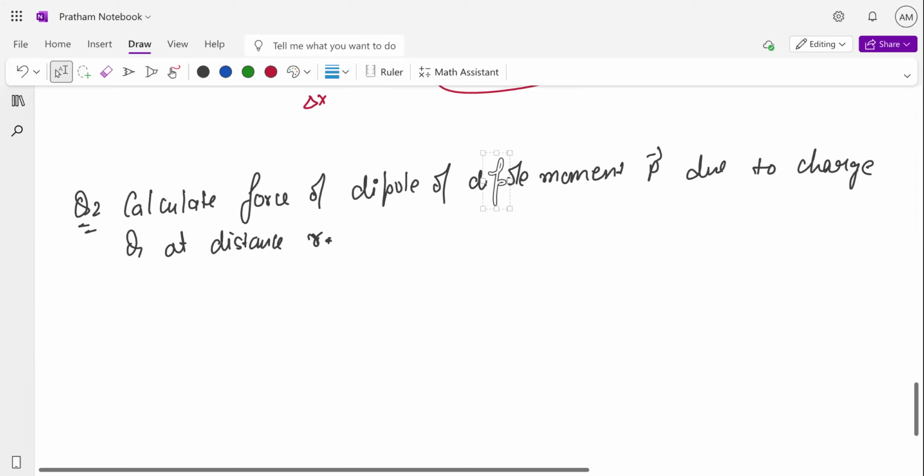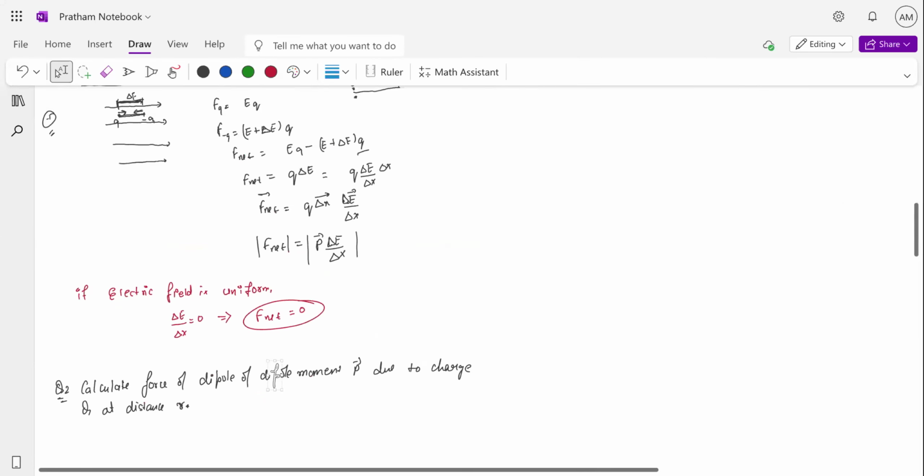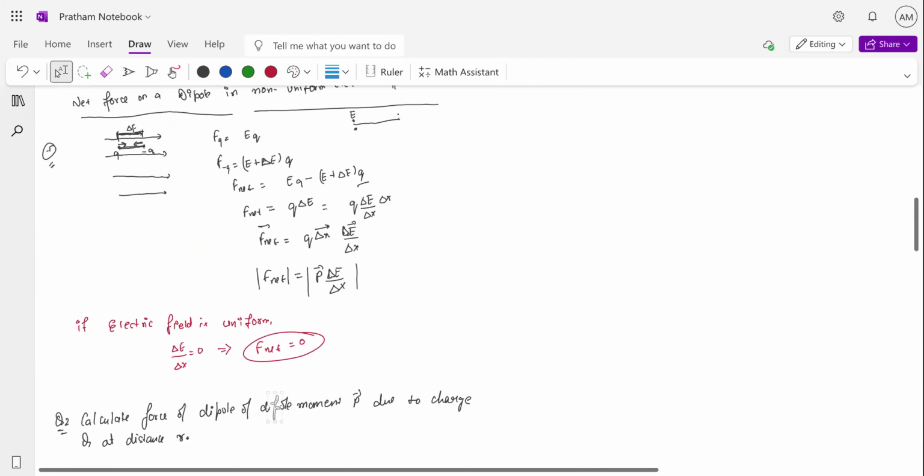So can you scroll a bit up? That's it. Is it fine?